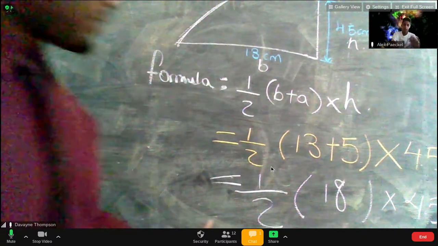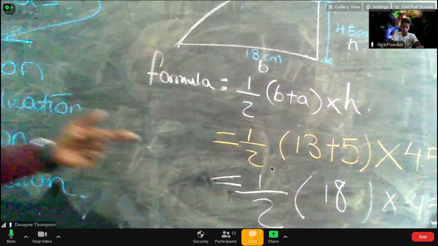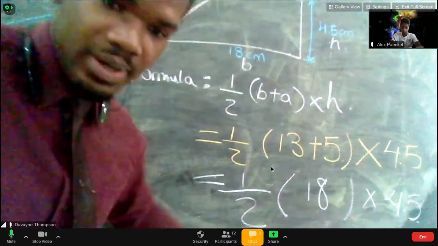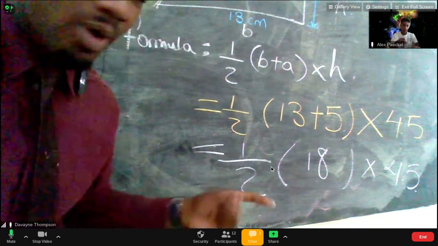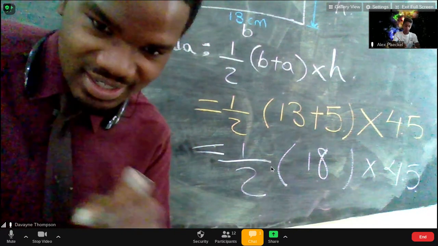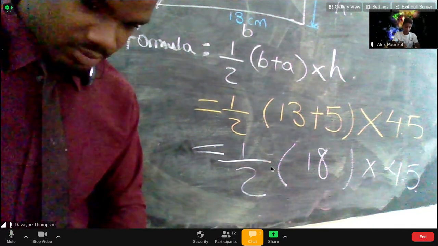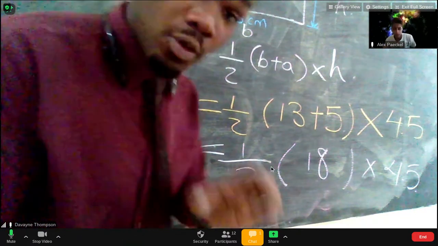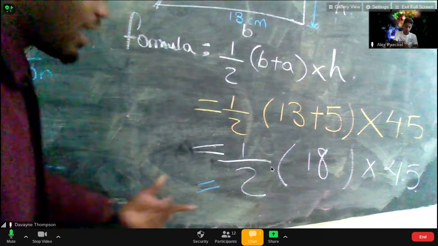Alright, after I have the 18, can I divide anything? Do you see any division happening here, everybody? No, right? No division. Or is there? Don't you have a 1 divided by 2? So if you want, you can just turn 1 divided by 2 and divide it itself.